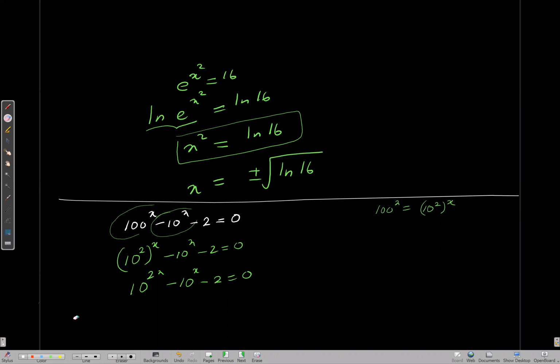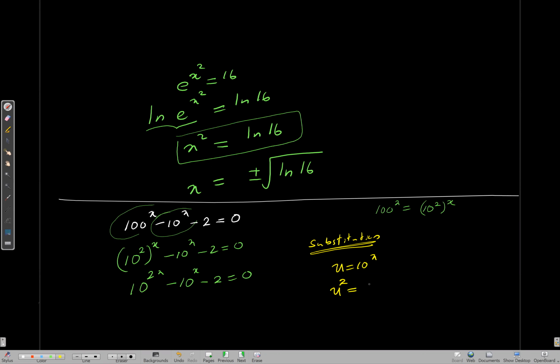So at this step, the only thing you can do, let's say, pause the video and see whether you can try this. Okay, a nice substitution is there. So can you now guess? u equals 10 to the x. When I do that, look at what will happen to u squared.